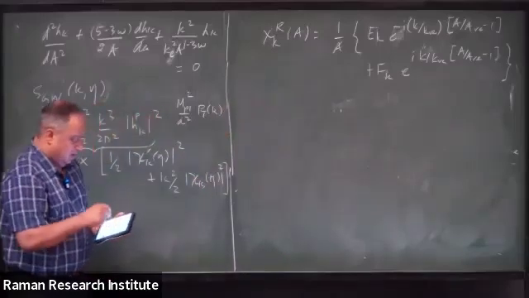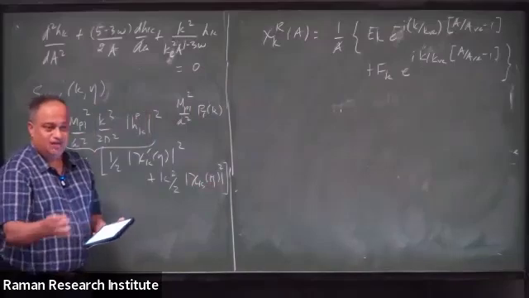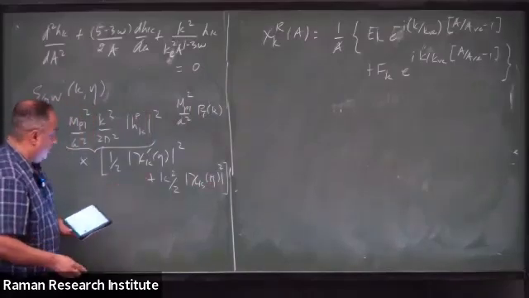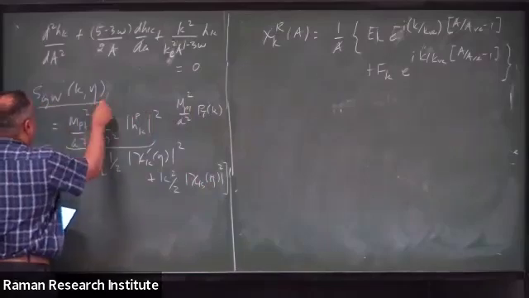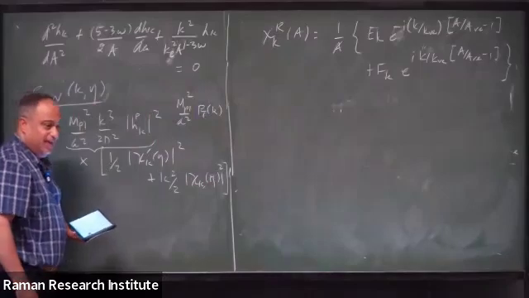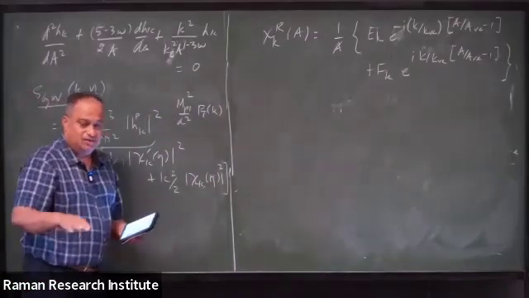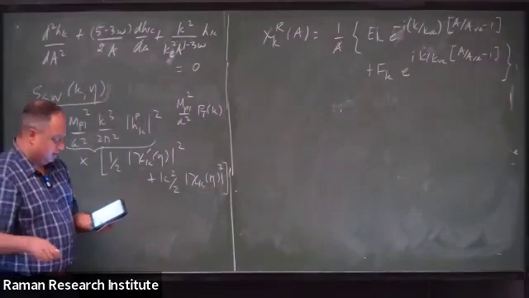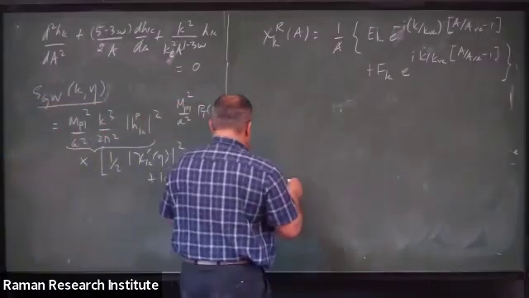Now, there is some algebra involved. I can refer you to papers where this is calculated. Remember, I'm interested in calculating this. I have written in terms of eta, but I'm going to write in terms of capital A. I'm interested in a domain well inside the Hubble radius, towards the late stages of radiation domination.